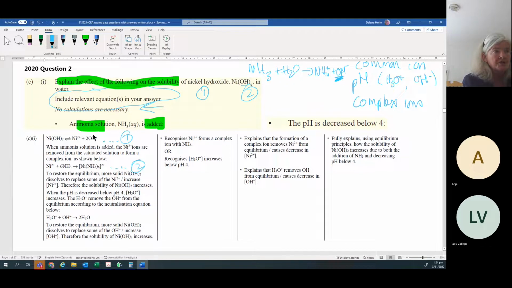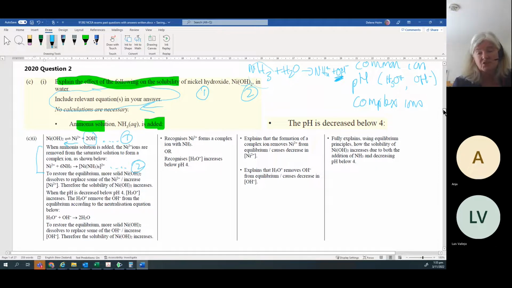And because you're increasing the OH minus, the equilibrium position of equation 1 shifts to the left. If I was sitting this exam paper, I would have expected that. Then I would have said, as you add more and more ammonia to the solution, I'm getting more of this present, and so then I will form that complex ion, and so on.